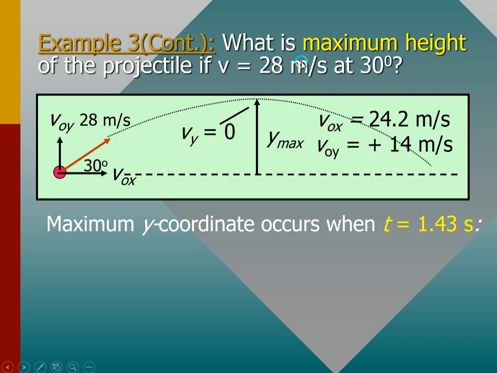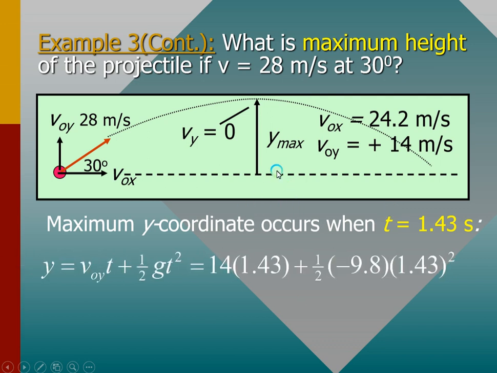So now, let us find the maximum height of our projectile given our v is equal to 28 meters per second at 30 degrees. So that is what we are looking for. The maximum y coordinate occurs when our t is equal to 1.43 seconds. Since we know the value of the time, we can use it in our formula. Your y will be equal to Vit plus 1 half gt squared.